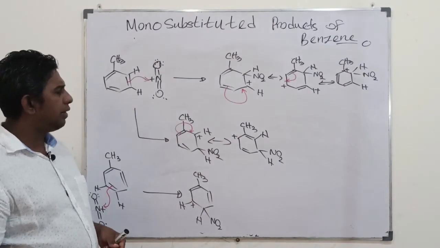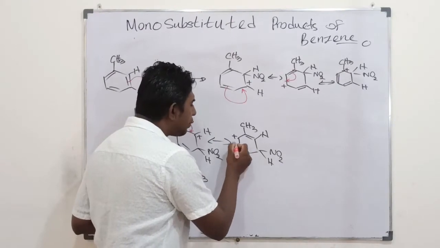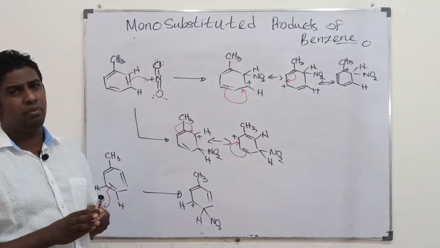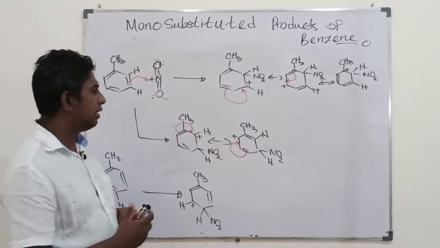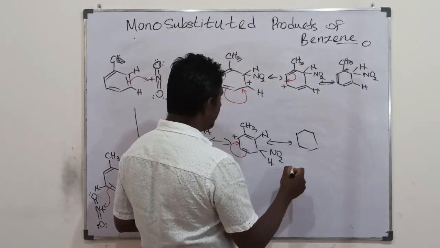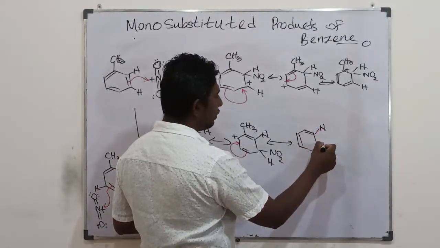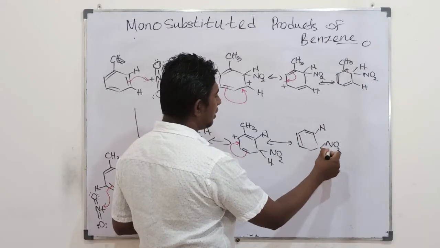Then students, next this pi bond breaks between those two carbons, forming another resonance structure. So the resonation continues, and now you get a new pi bond formed here. There is the pi bond, and you have NO2 and H there.